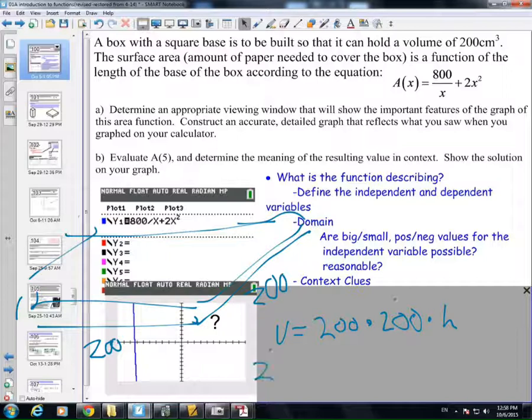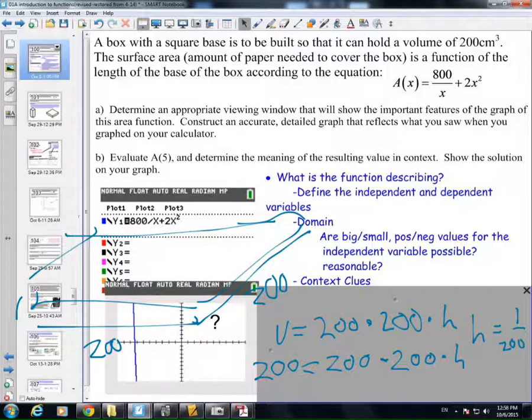And since the volume itself has to be 200, we can recognize that, divide both sides by 200, and we will learn eventually that h has to be 1 over 200 centimeters. So that's 2 millimeters, I think, if I remember my math. I'm not so good with numbers. But anyway, the height of this box would be so unreasonably small that we wouldn't even really consider it.